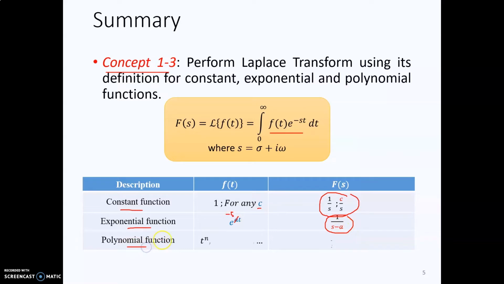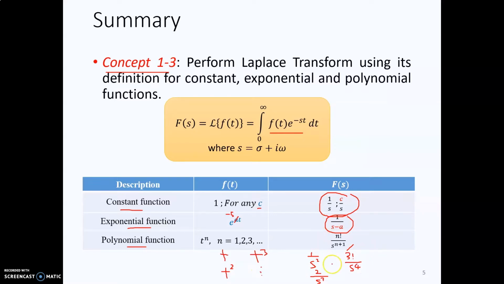Lastly is polynomial. So polynomial is in this format. If it's just t, then you will have 1 over s squared based on this formula. If you have t squared, then you will have 2 over s power 3. If you have t power 3, then you will have 3 multiplied by 2, which is 3 factorial, divided by s power 4, and so on.